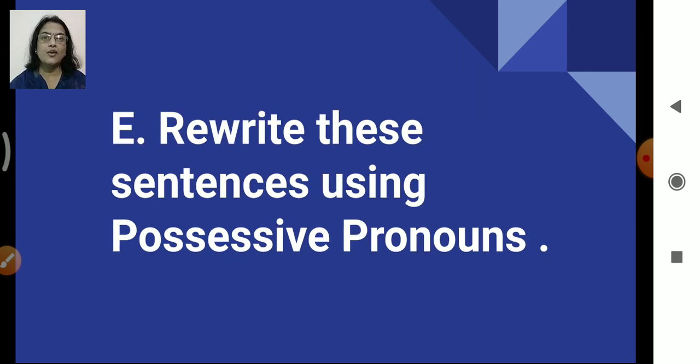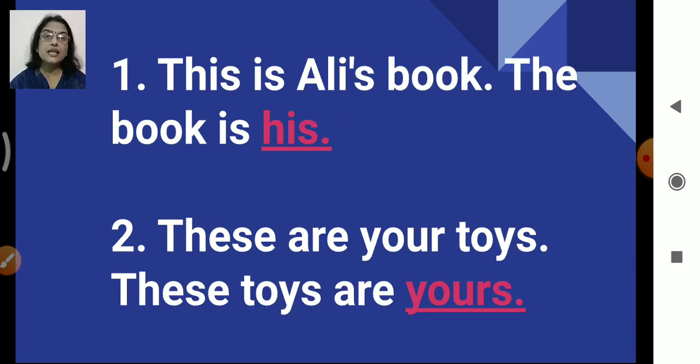Okay. Now, rewrite these sentences using possessive pronouns. So, let's solve this exercise now. This is Ali's book. The book is his. These are your toys. These toys are yours. Okay.